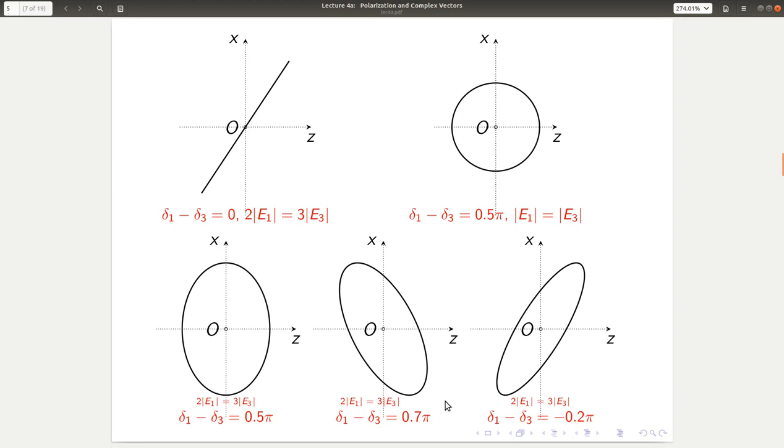And now what we do is we keep the magnitude ratios the same, but now we start playing around with it. So delta 1 minus delta 3 here is 0.7 pi. We get an ellipse which is tilted to the left, and delta 1 minus delta 3 equal to minus 0.2 pi gives something tilted to the right. So all these are elliptically polarized light, and this is the generic case.